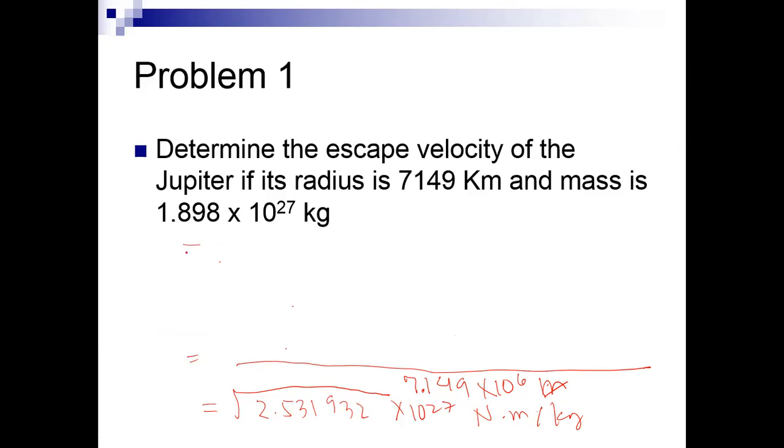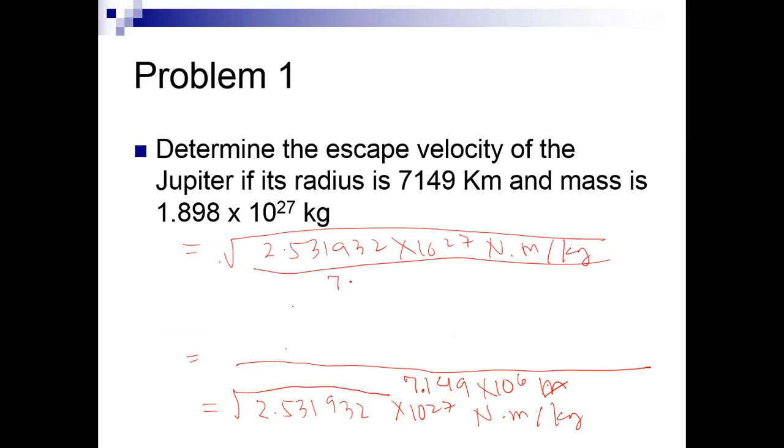So, lagay uli natin yung continuation natin dito na meron tayong, of course, square root of 2.531932 times 10 to the 27. That is now Newton meter per kilogram.